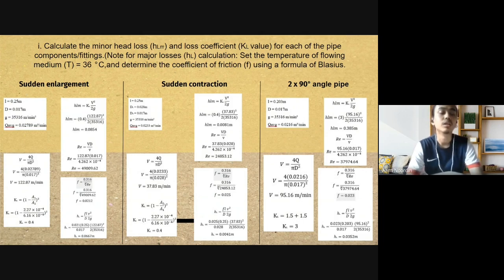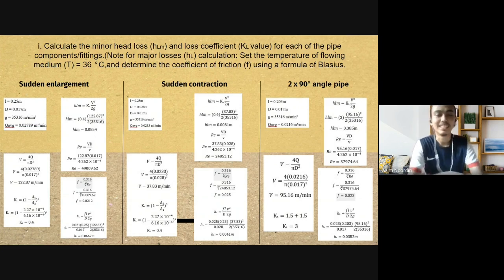From the formula we get the value of 0.4 for the loss coefficient, and then we substitute it in the HLM formula to get the minor head losses for the pipe.